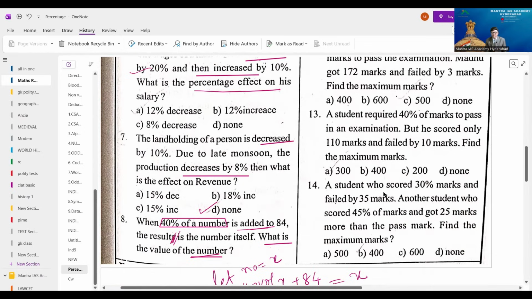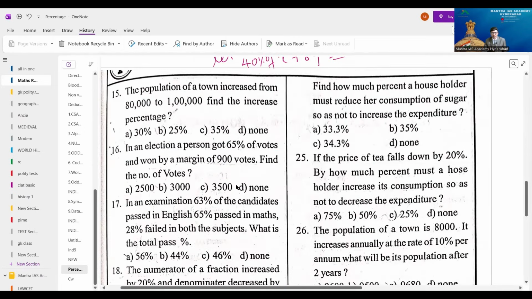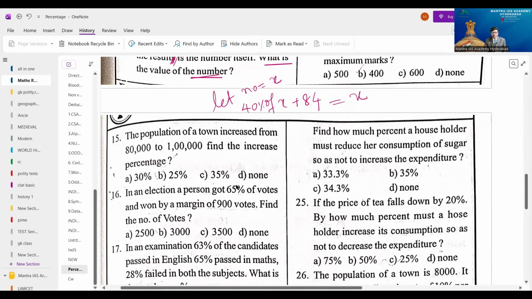Please try all the questions, and even if you want to join our program, most welcome. Better problem number for practice, it's a beautiful problem. Problem number 14. Now 15th problem here. Hold it.